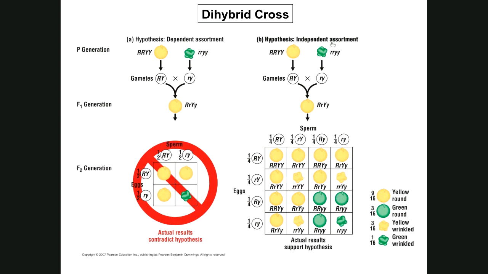Now, notice in here though, they're giving you the genotype combinations. So even though we have 4 different phenotypes at a ratio of 9 to 3 to 3 to 1, if you look in here, there's a greater variation in the genotypes. Okay, it'll be up to you to go through that.